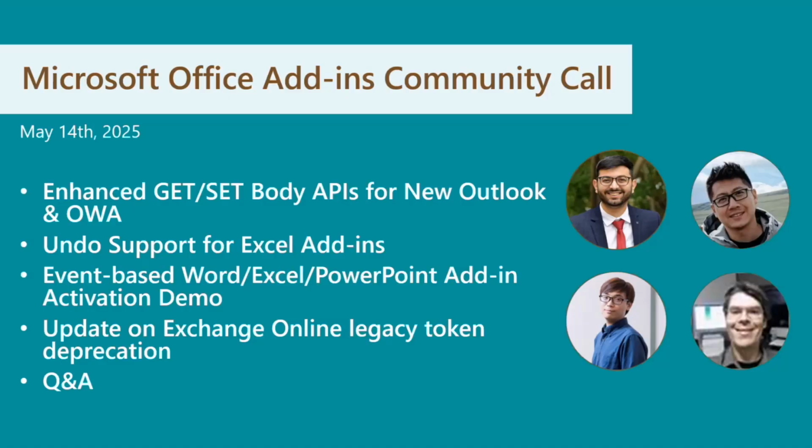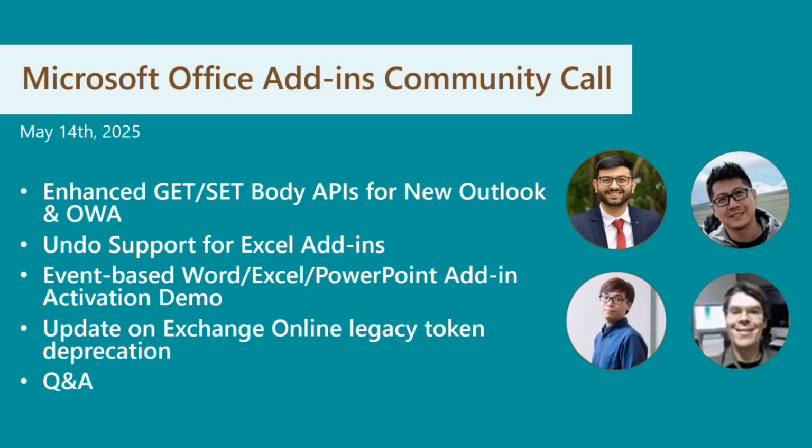Today we have a good list of agenda. Next, we step into the details for each of them. We will start with the updates for the enhanced Get/Set Body APIs for new Outlook and OWA. And then we will share the updates for the undo support for Excel add-ins.